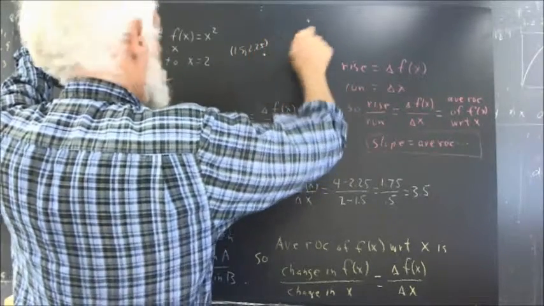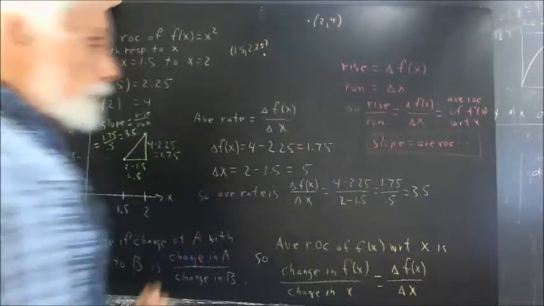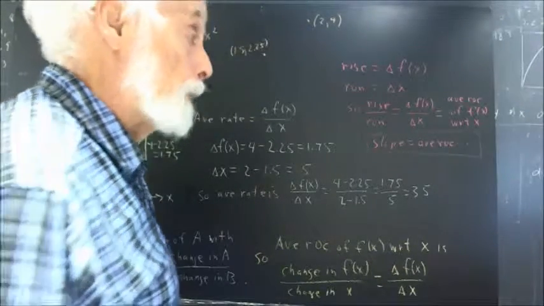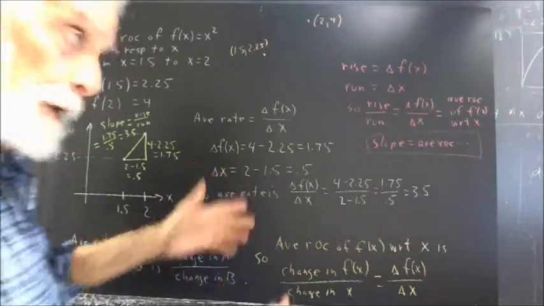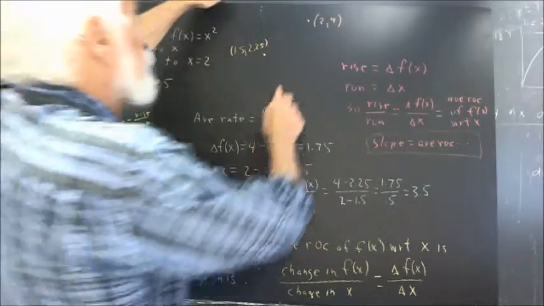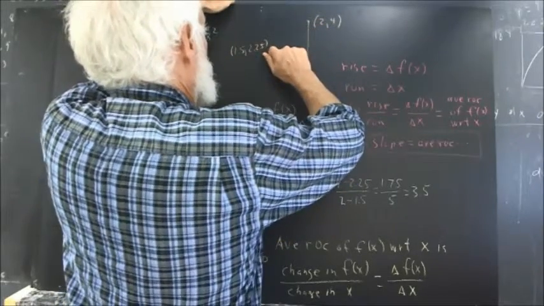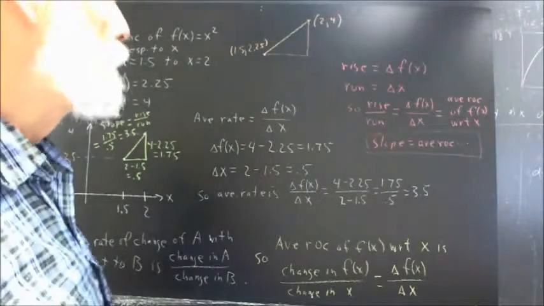Got another point out here for f of 2. Well, that's 2, 4. Now, I asked in class, what are the obvious things we can do if we have these 2 points? And everybody pretty much said right away, and I'm glad I have you conditioned, that was very good, that we draw the triangle, the fundamental triangle with sides parallel to the axes. I said the fundamental triangle.